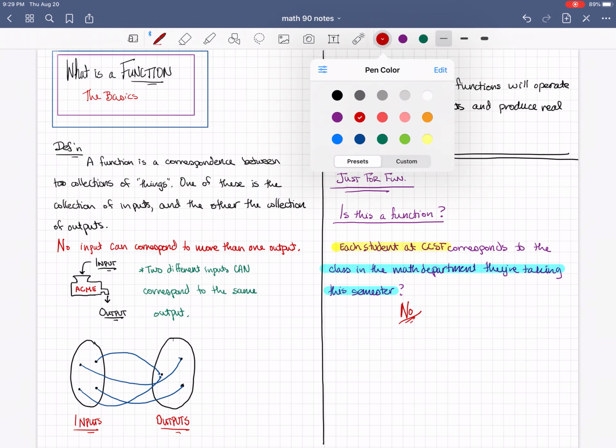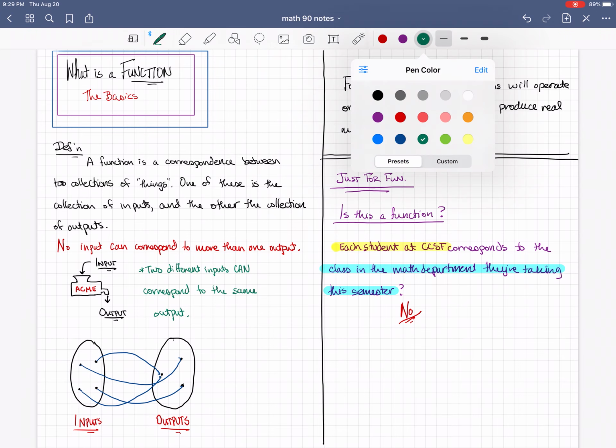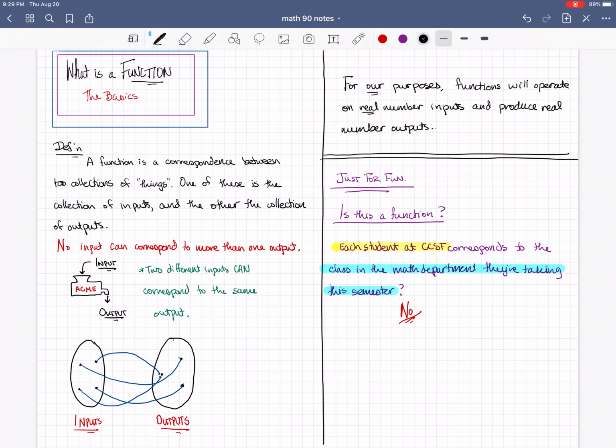Okay, let's think about an example that maybe is an example of a function. So again, this is kind of just for fun. Is this a function?